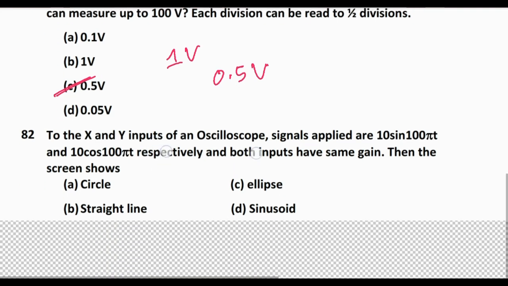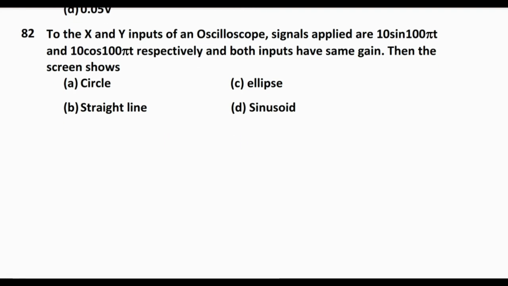Next question is, to the x and y inputs of an oscilloscope, signals applied are 10 sin 100 pi t and 10 cos 100 pi t respectively, and both inputs have same gain. Then what will the screen show?